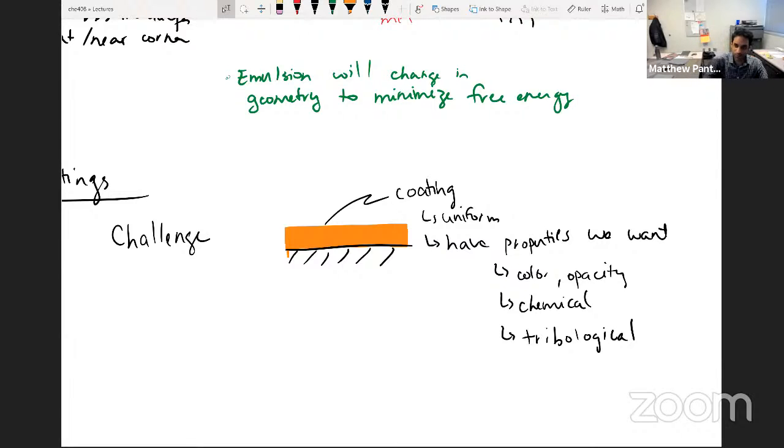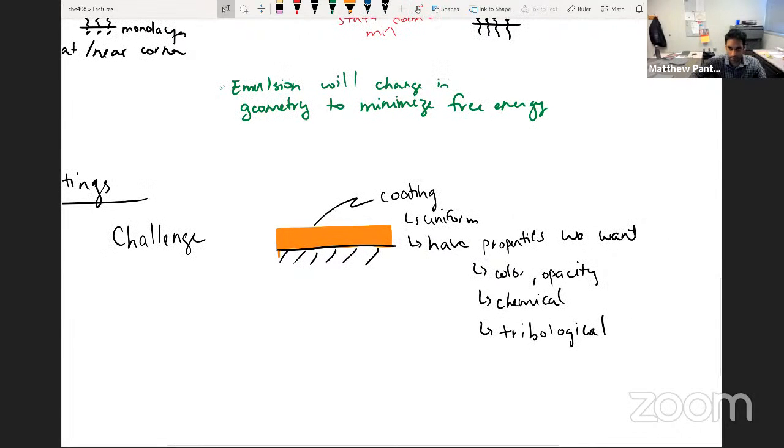Anyways, there are a lot of processes that we can coat things with. There's a lot of technology. Other things that we want this to do is adhere to the substrate.